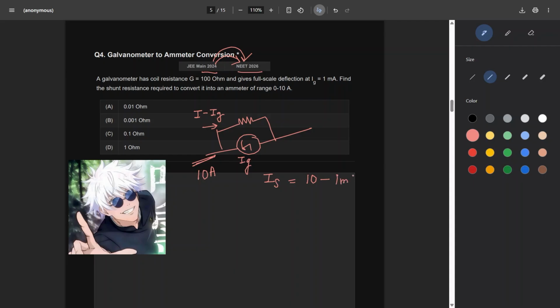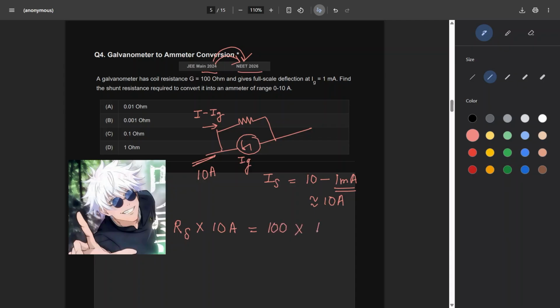IG is 1 milliampere, right? So we just take it as 10. We don't consider this. So we can do matching of potentials across this galvanometer, across the shunt. What we can do is take the shunt into the shunt current. Shunt current is 10 ampere, right? 10 ampere. And galvanometer is 100 ohms.